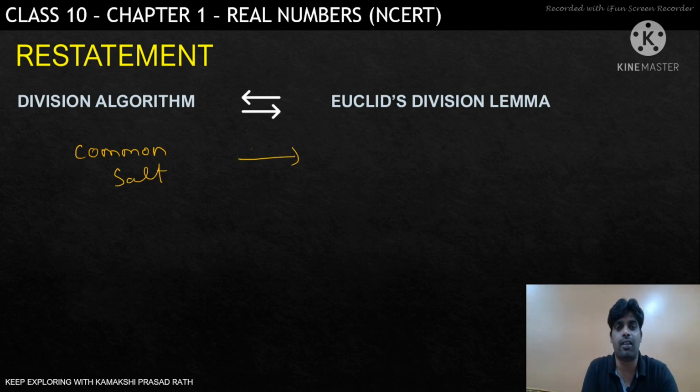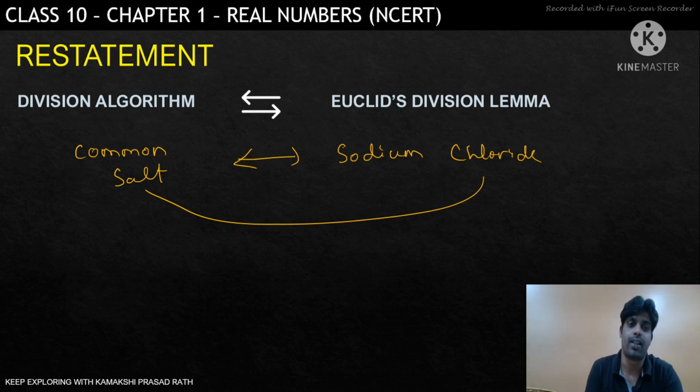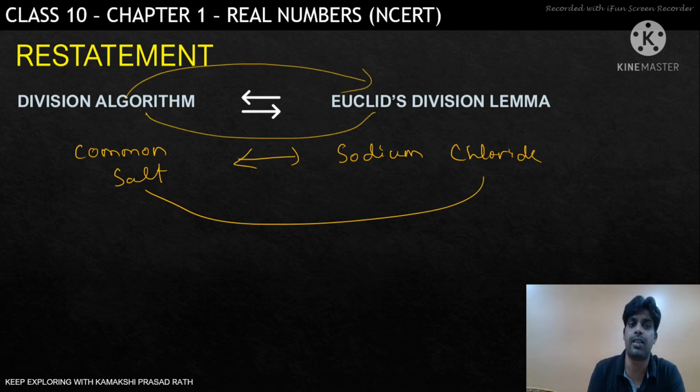Now when we went to higher classes, in our senior classes, it is called sodium chloride. Both are the same. Common salt is another name for sodium chloride. In junior classes we read it as common salt, and when we went to senior classes we read it as sodium chloride. The same way here also, this division algorithm and Euclid's lemma are pretty much interlinked.